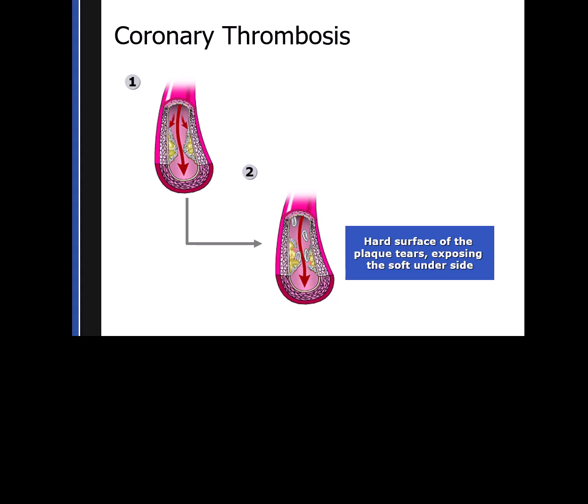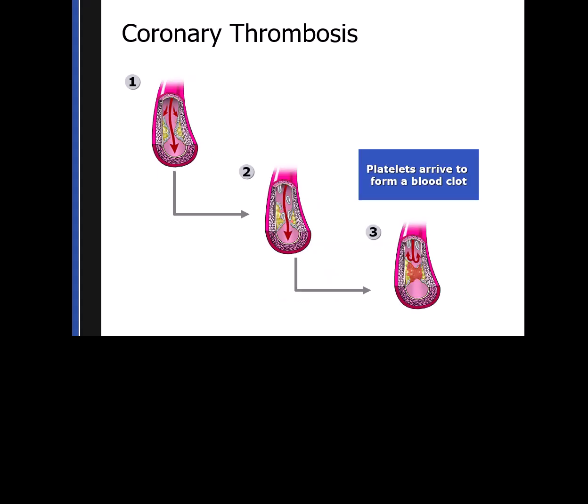There are certain chemicals that are excreted by the body. We'll learn more about that in advanced cardiology. But suffice it to say for right now, the platelets get really sticky, and they begin to stick to each other, and they begin to stick to the rough part of the arterial wall. Okay? This is where the clot is going to begin to develop.